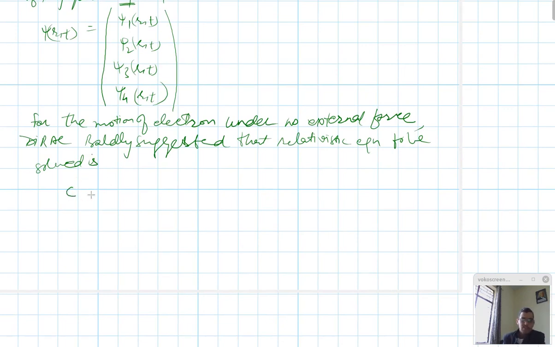So let me write down this equation: c alpha dot p plus beta m naught c square psi is equal to E psi. Let me call this equation number 1 and this equation number 2.